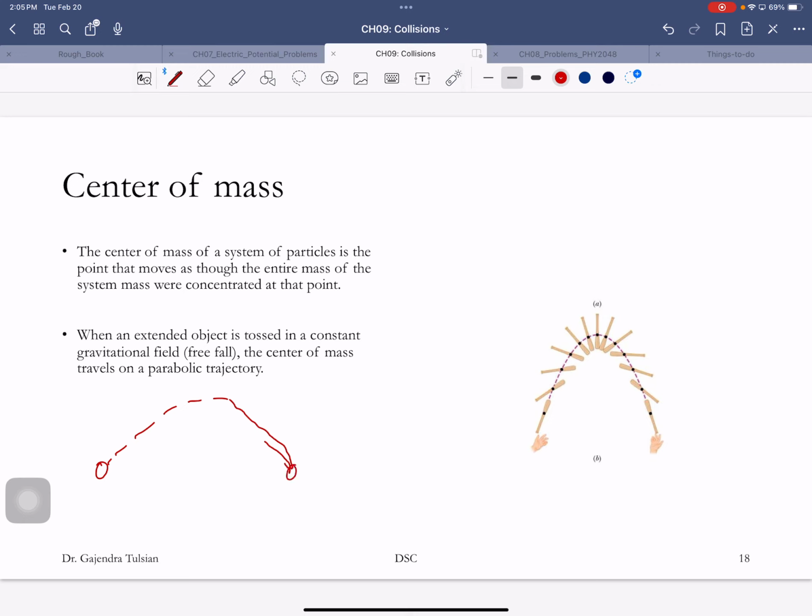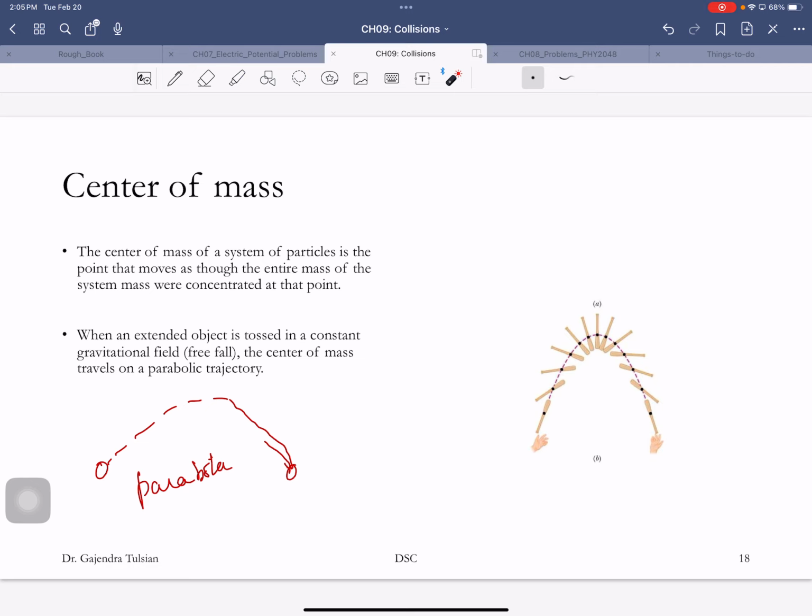Yeah, it's a parabola. Now I toss a baseball bat, and you see this is not a parabola. The tip of the baseball bat is not a parabola. The head of the baseball bat is not a parabola.